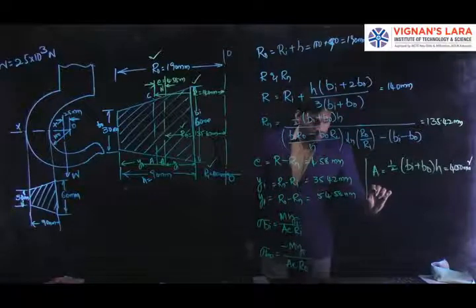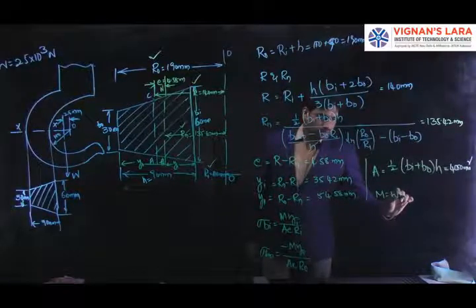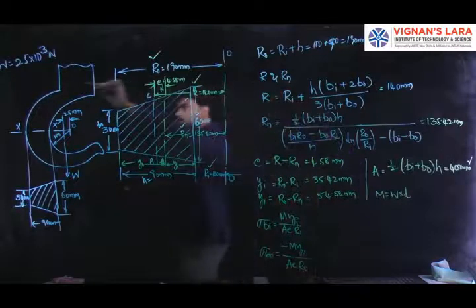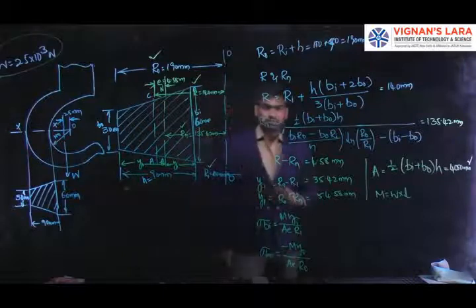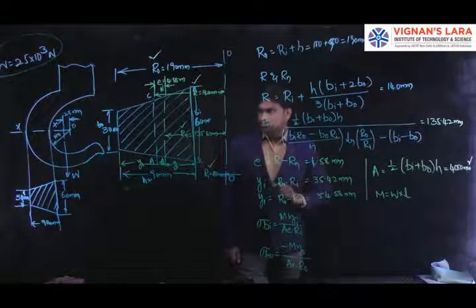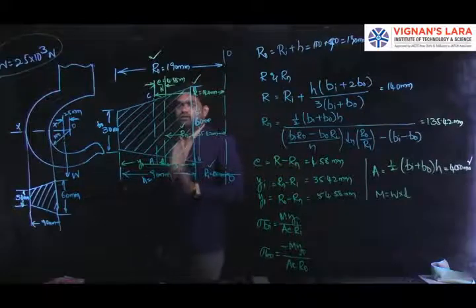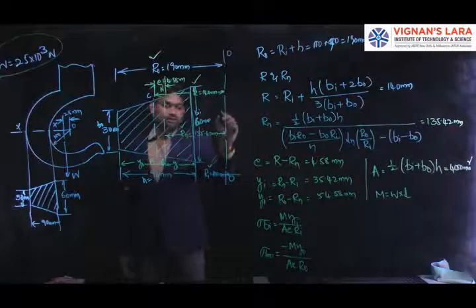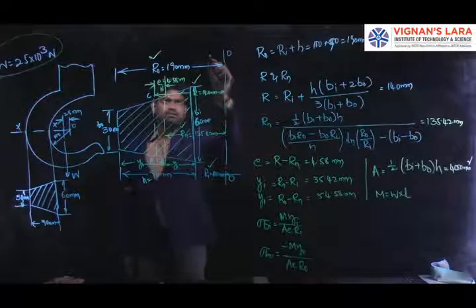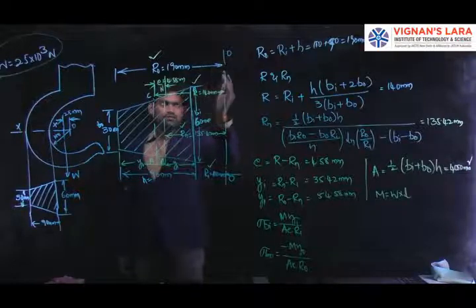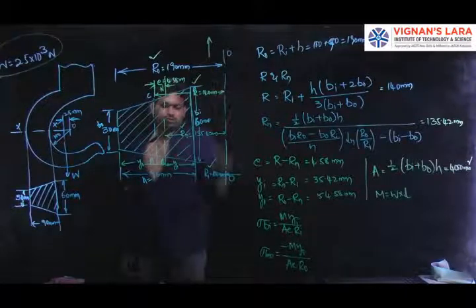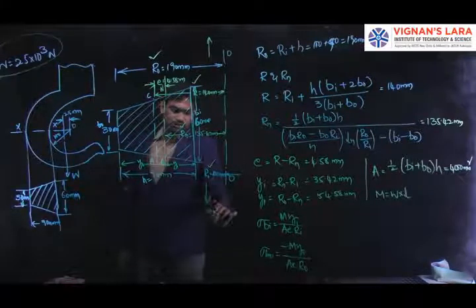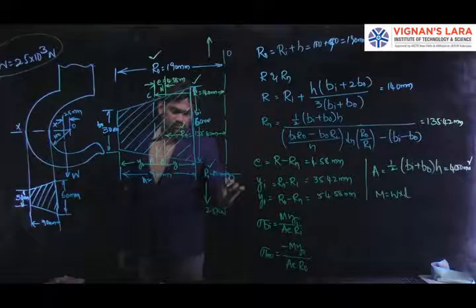Moment M is given by W into L. W is given, that is the load acting on the crane hook, the load carrying capacity of the hook, 25 kilonewtons. The length is to be taken from the centroidal axis to the load acting. Here the load line is not represented. The load line is shorter than the radius of curvature line, so it is inside of these. Here the load is acting downward, 25 kilonewtons, at a shorter distance of 25 mm.